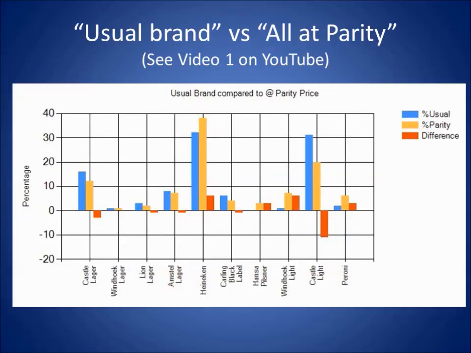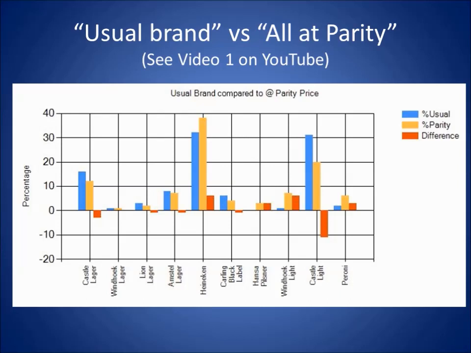Well, in the first video that I posted, I made the comment that the results you get when you ask people what is your usual brand, and if you then show them all the brands and make them all at parity price, in this case 50 Rand, and ask which one they would buy, you get different answers.